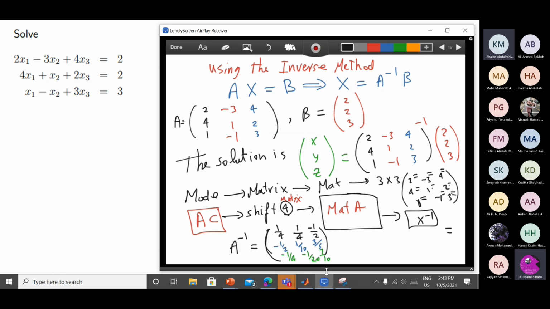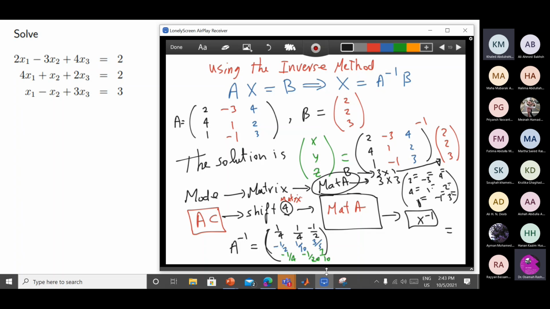Mat B is 3 by 1. And you input this B, right?